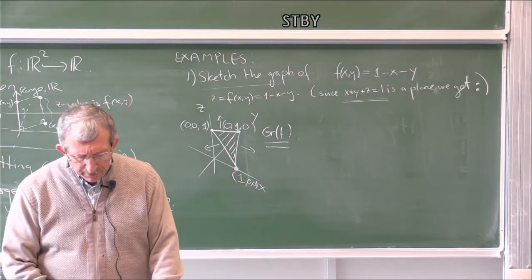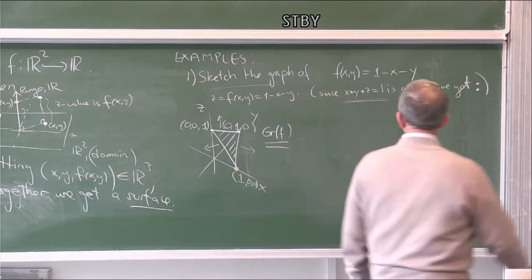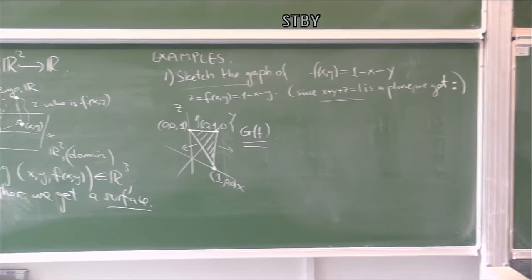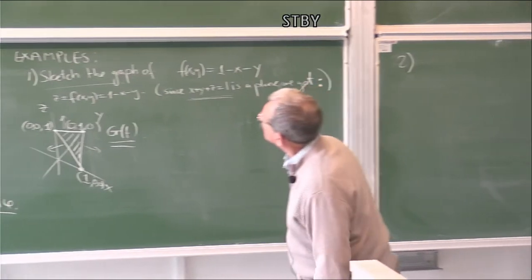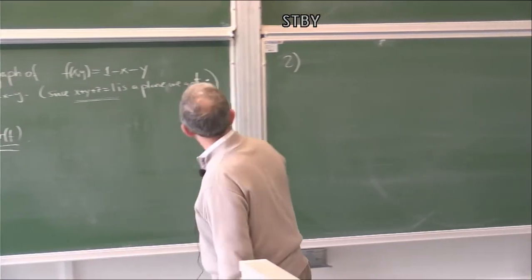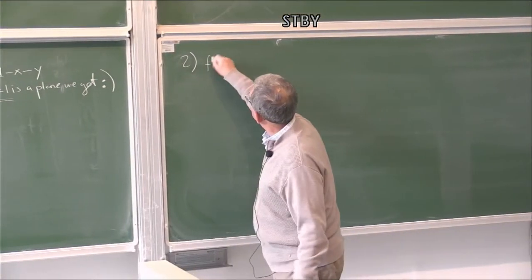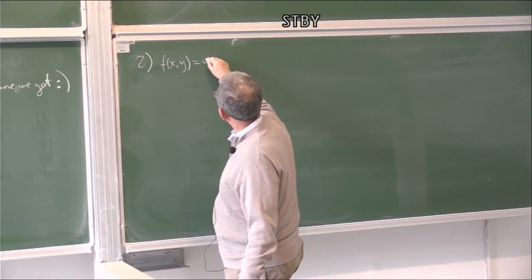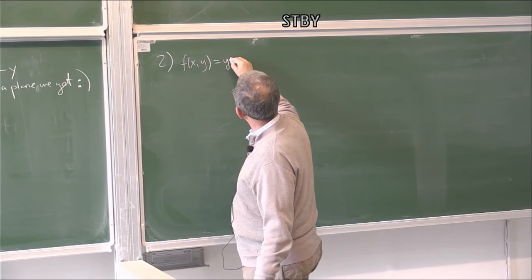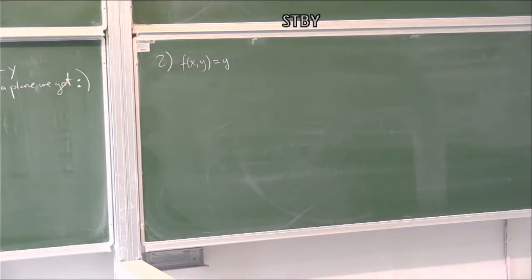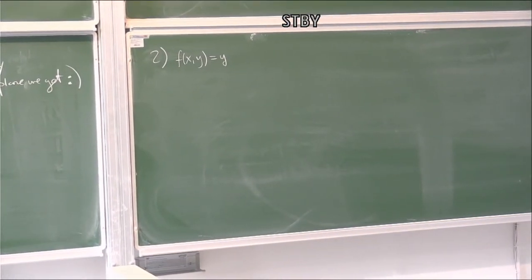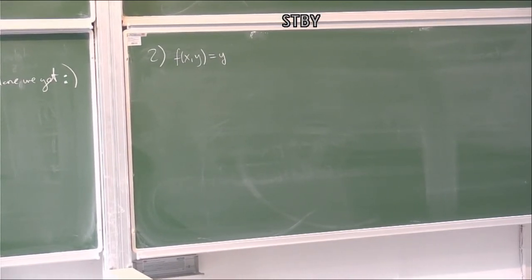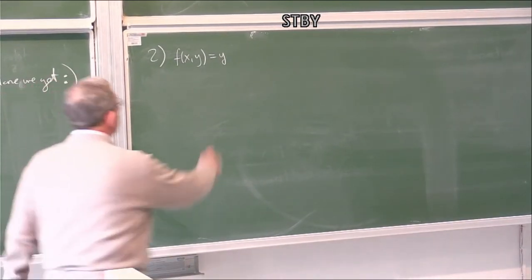Let us now make a slight diversion and say, let f of xy be x squared minus y.